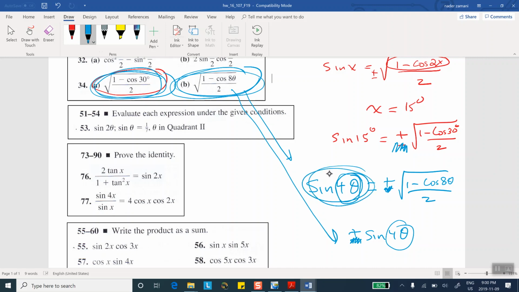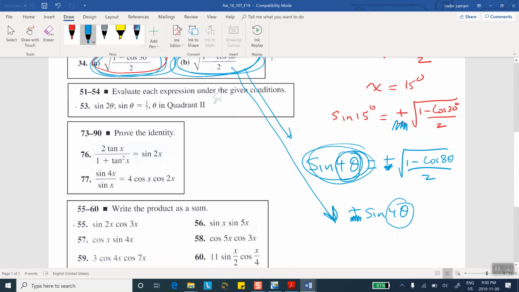So this is sine of 4 theta. However, if theta is a certain value, this may have to be minus. So if you want to be absolutely right, the best way of saying it is like this.